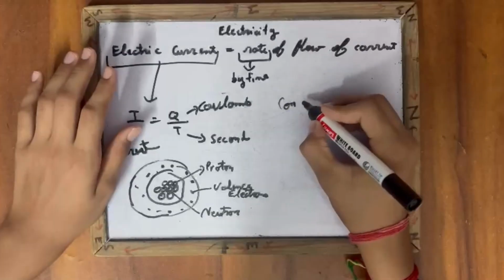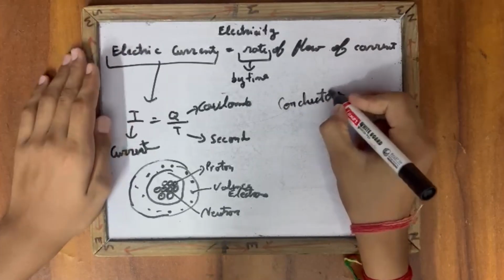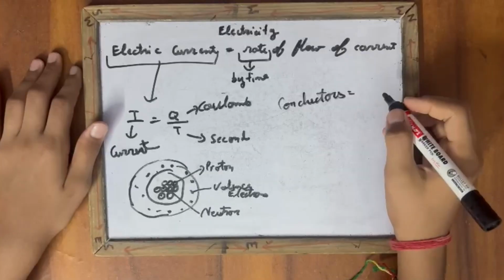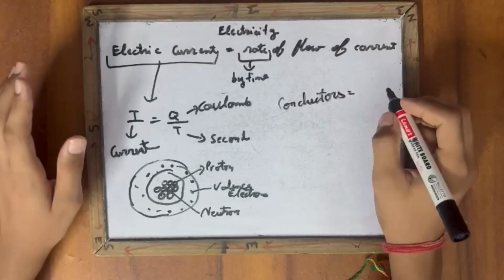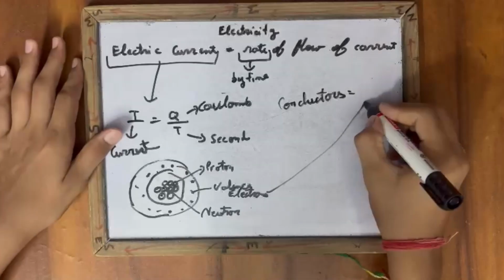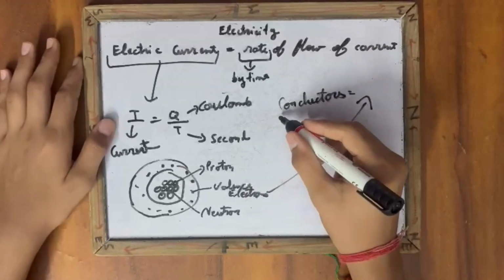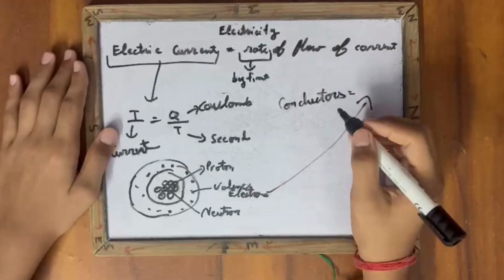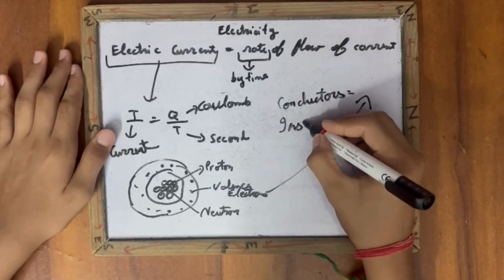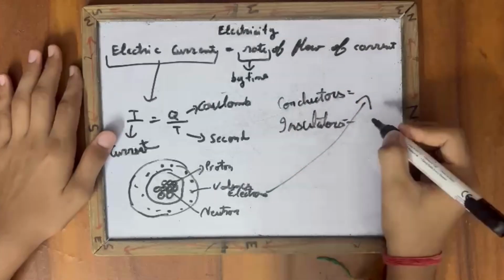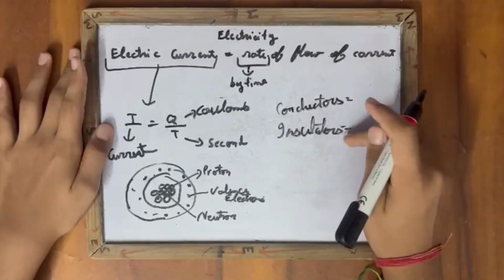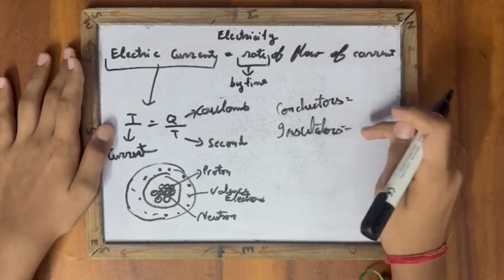Conductors are the materials which have valence electrons free to move, and insulators don't have valence electrons moving.